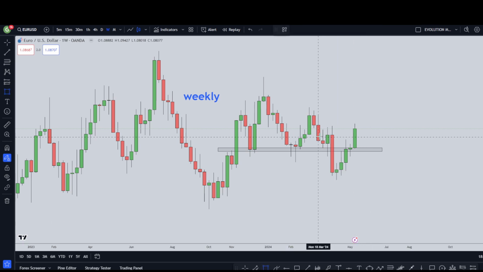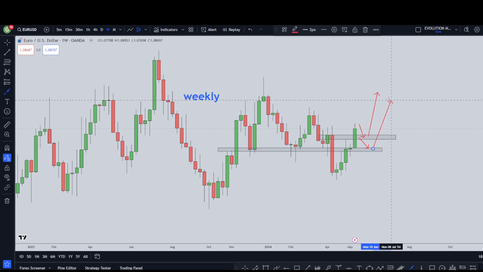What we also observe here is that price has broken and closed above this minor resistance area with this bullish close. And so what we could see in the coming few days could be a retracement to retest this area before a move to the upside, or a deeper retracement to retest this area before the move back to the upside.